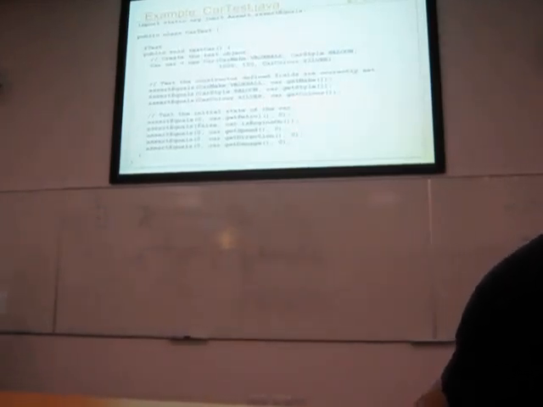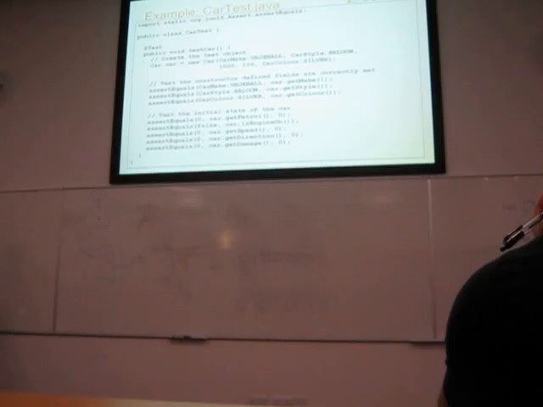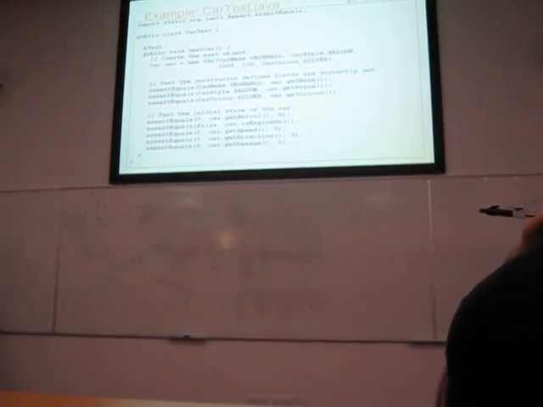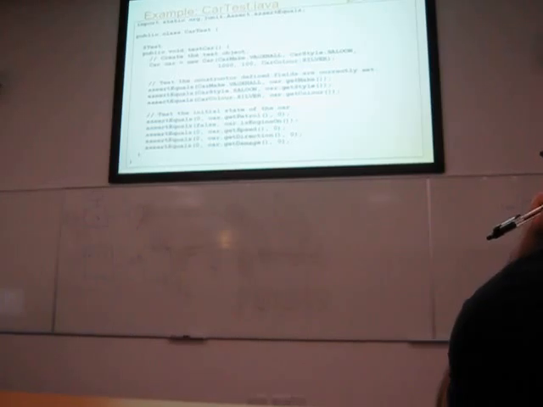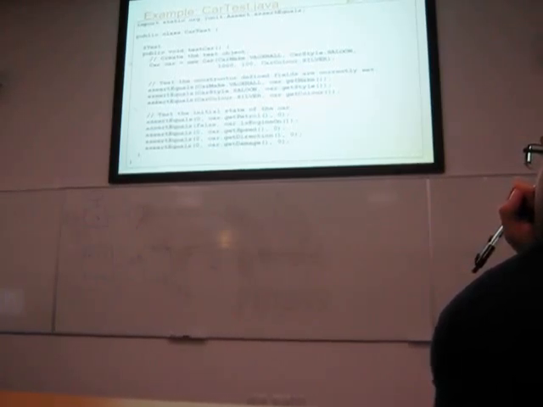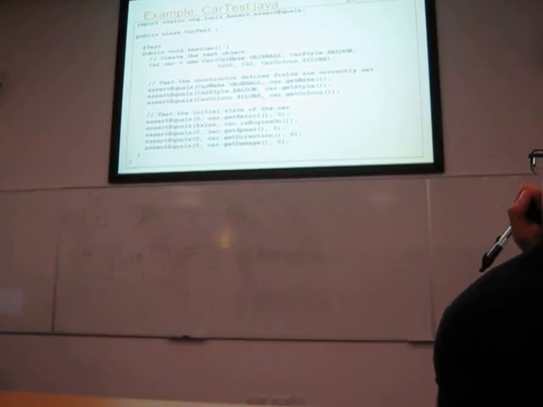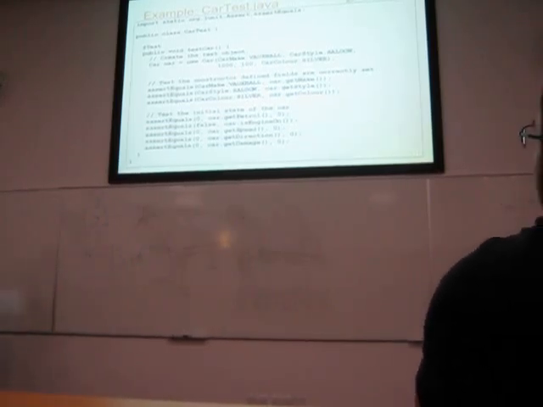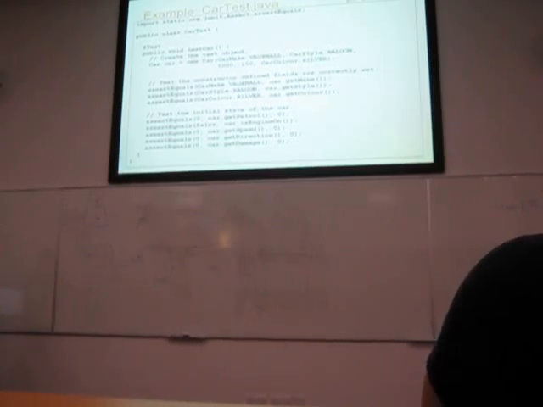So, testing. Write a test. I've got a car class, and I have a constructor with a bunch of parameters. The test says two things. First of all, create an object. So this test tests that the object is healthy. Every test class of a unit test needs to have a constructor test.